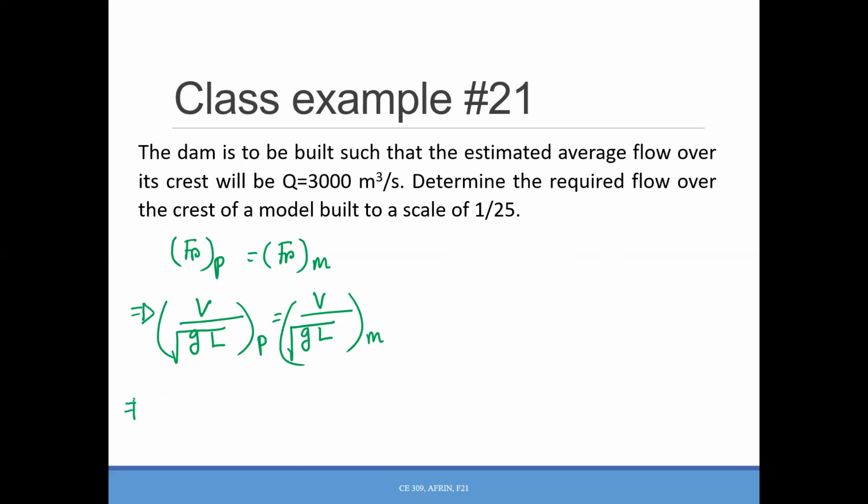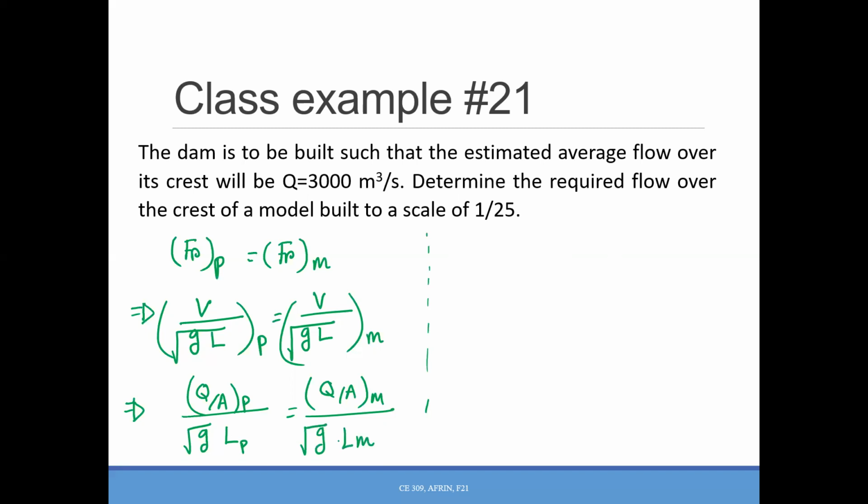Now, the equation is for V, but we don't have V. So what we can do is express V in terms of Q over A. Root G is on both sides, so we can cancel those. So now it's QP over AP root LP equals QM over AM root LM.